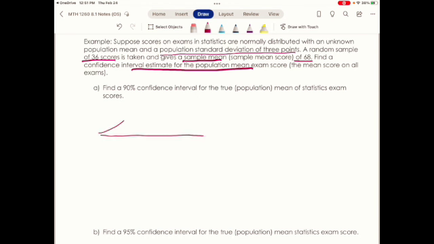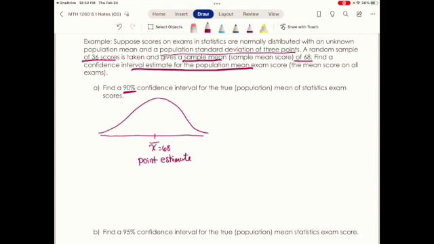So this is the picture that we have. We have our point estimate. That's our x bar, our mean of the sample that we're going to use to help us create our confidence interval. And it was told to us that this value was 68 in the problem.